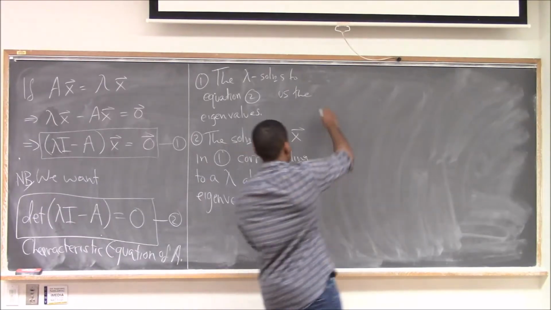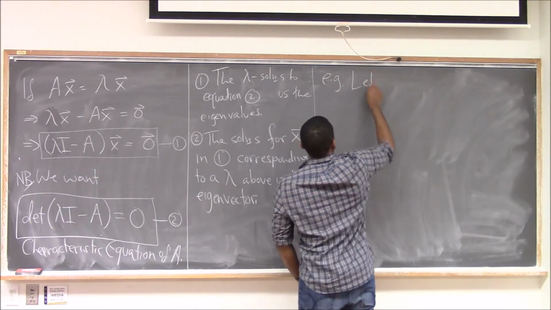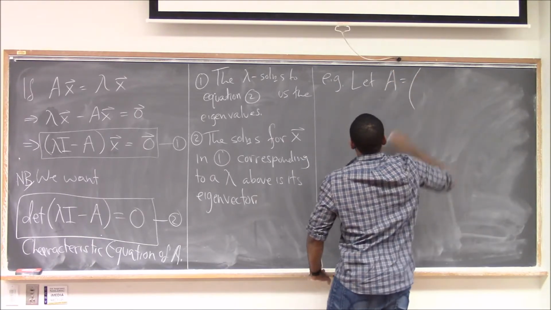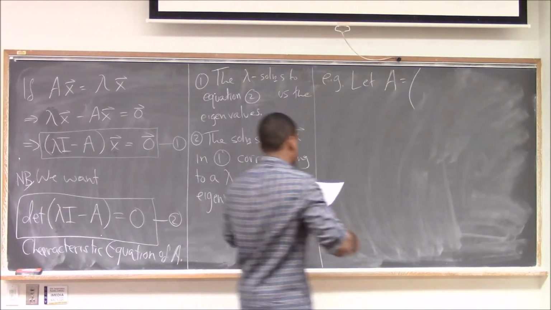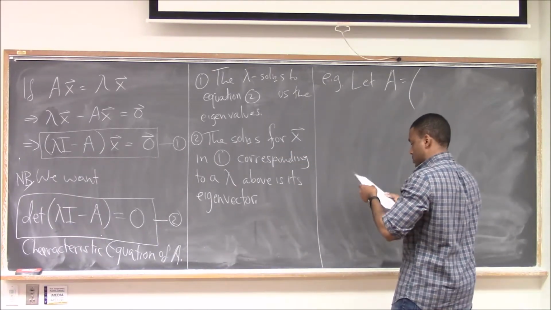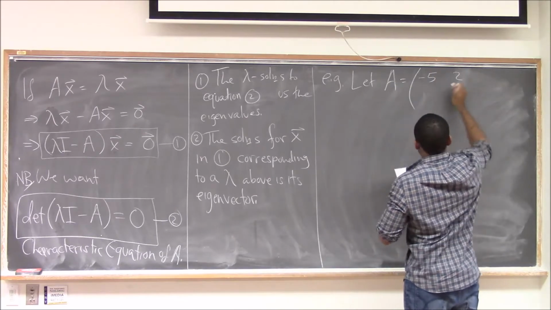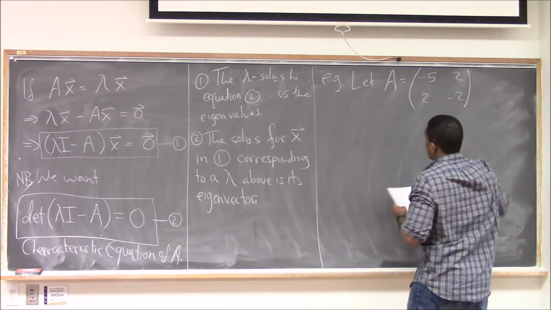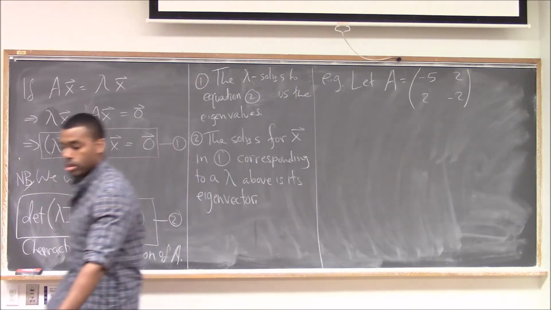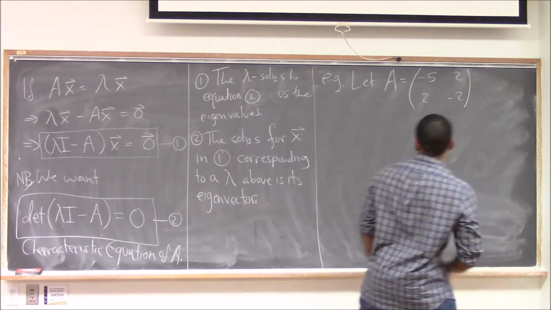So let me do an example. Let A equal this matrix: -5, 2, 2, -2. You're always going to be asked about a 2 by 2 matrix. They're never going to give you anything bigger.